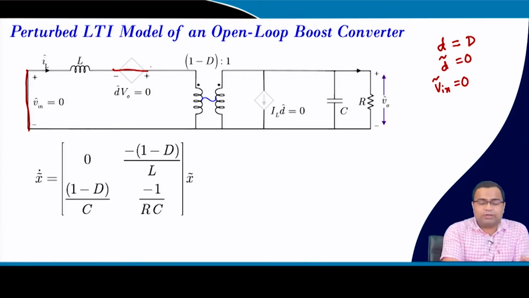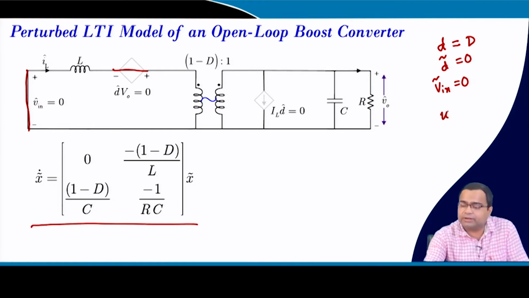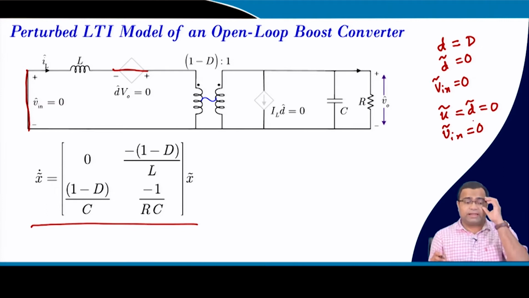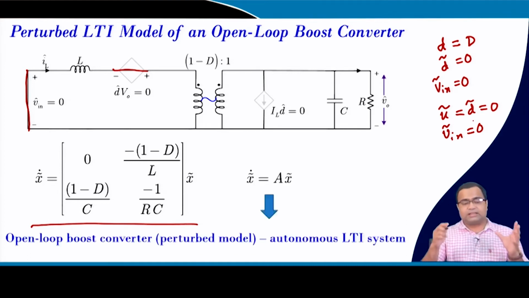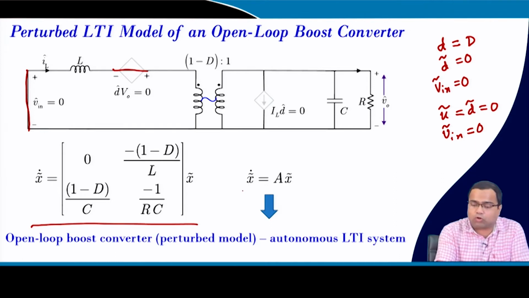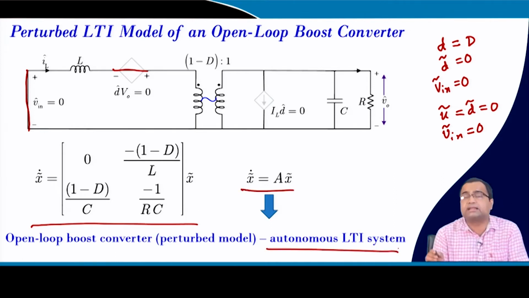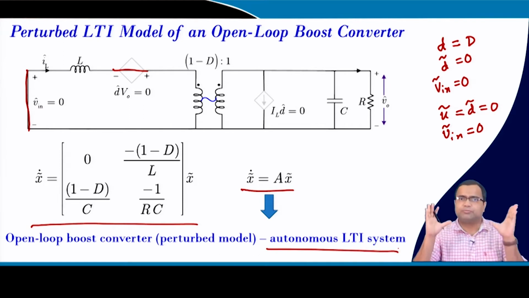Then we will have u tilde, which is nothing but d tilde equal to 0, and v in tilde equal to 0. So, we will get x tilde dot equal to A into x tilde. This represents x dot equal to Ax, which is an autonomous linear time invariant system, where there is no perturbation in the input signal.